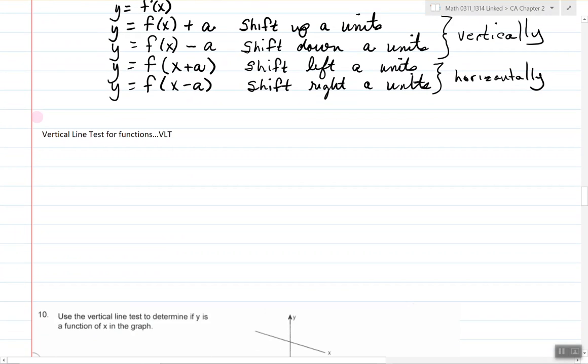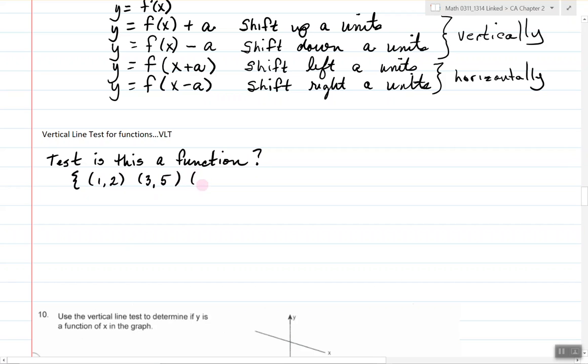Now we're going to talk about what's called the vertical line test. This is a test for functions based on their graphs. So if you're going to test, is this a function, we have done it with sets of ordered pairs. We had 1, 2, and 3, 5, and 4, 7. And we said, yes, it is a function because each x had one and only one y.